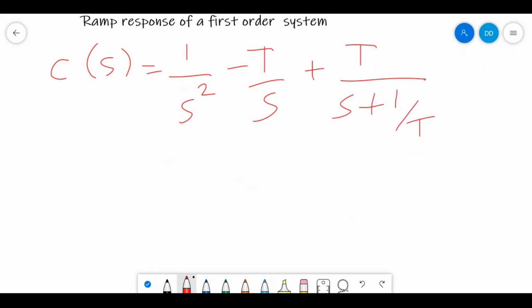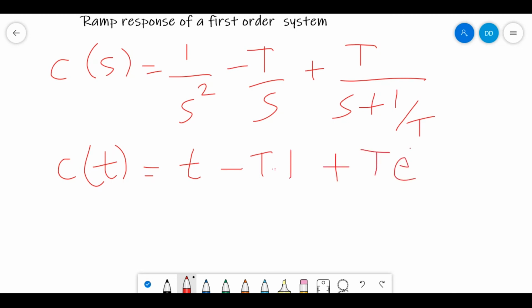Now we can apply inverse Laplace to this and find it in time domain. C of t is equal to 1 by s square is t, minus T into inverse of 1 by s is 1, plus T into e to the power minus t by T into u of t.